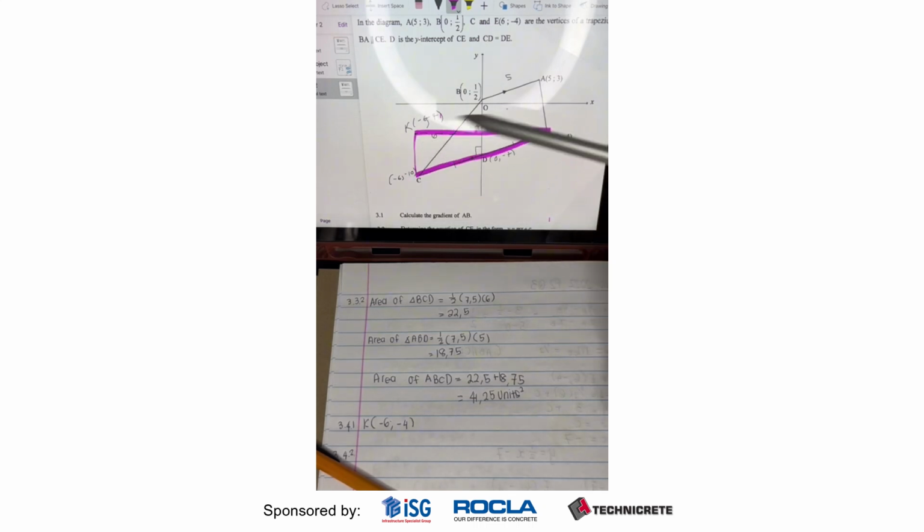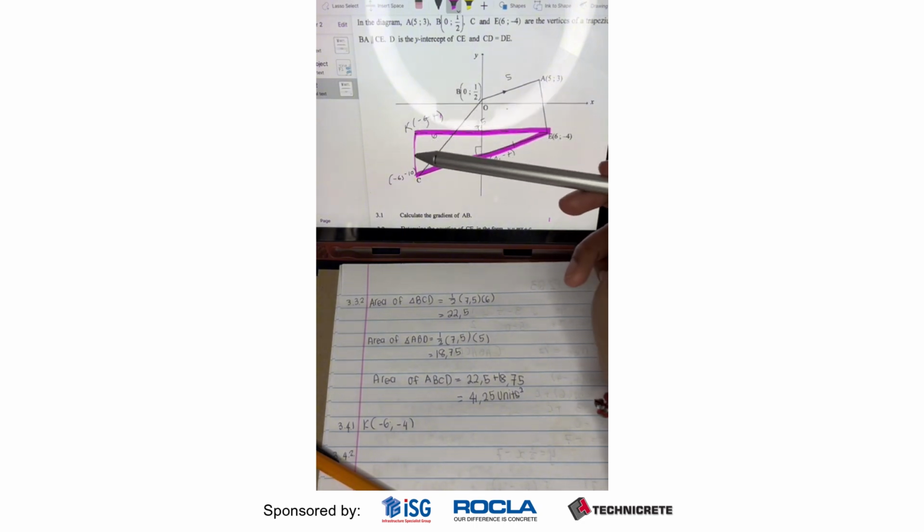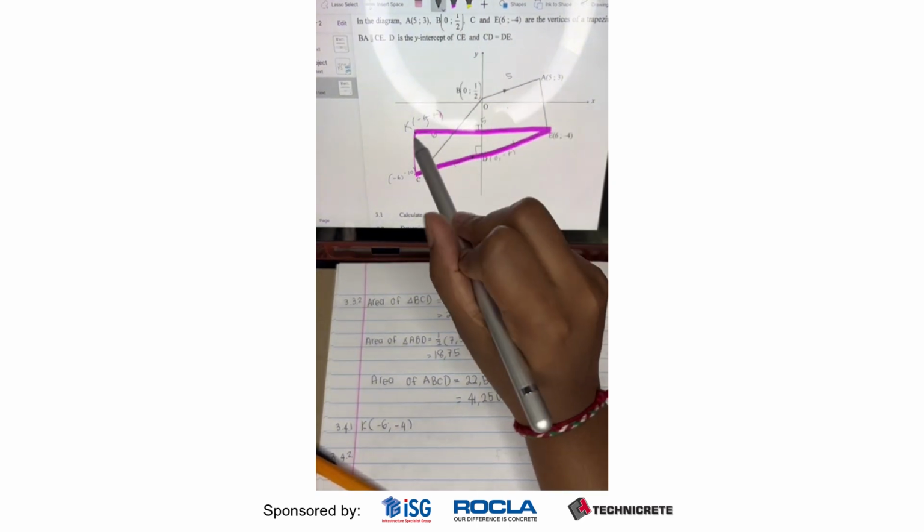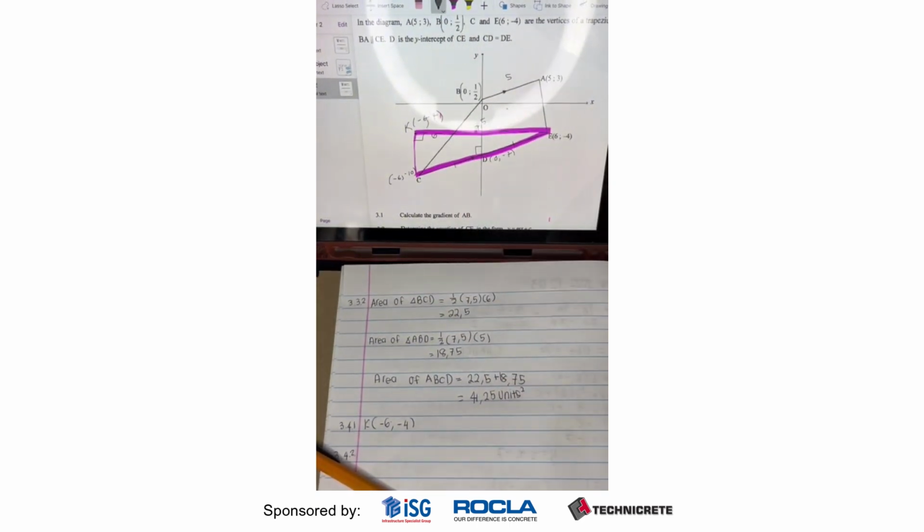And if we look at KE, it's horizontal, it's perfect. So we're looking here at my x values. So -6 minus 6 is going to give me 12. So that's 12 units, but we don't know CE. We have to calculate CE using Pythagoras, and then we can find our perimeter.